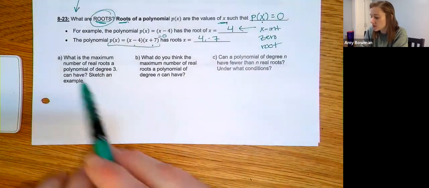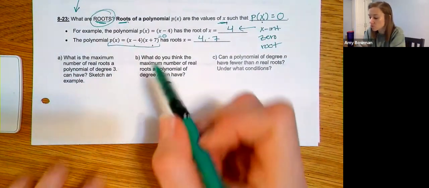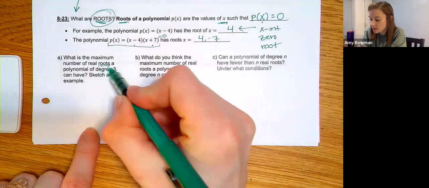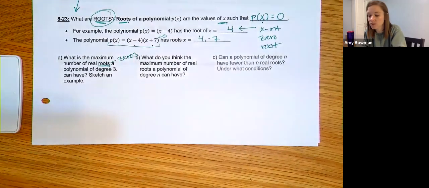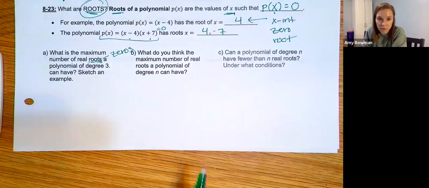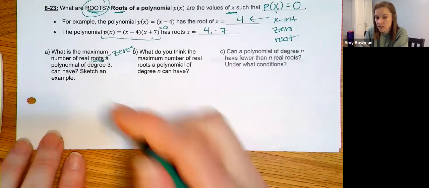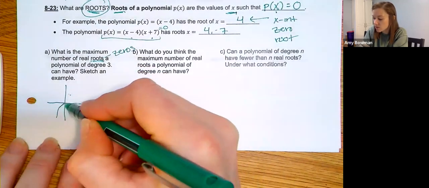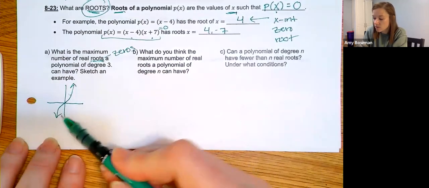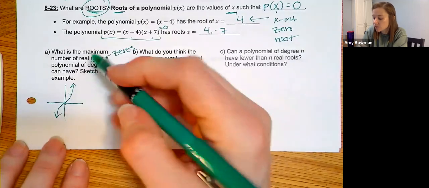Okay, so let's talk about maximum number of roots. So how many possible roots? Remember, these are the same things as zeros, values that make the whole thing equal 0. Maximum number of roots that a polynomial of degree 3 can have. Well, let's think about that. A third degree polynomial, this is the parent graph. So this only has one root. What's the highest number of roots that it could have?